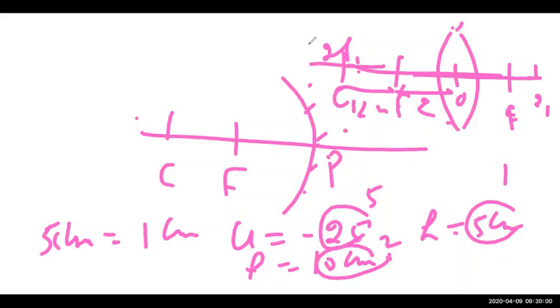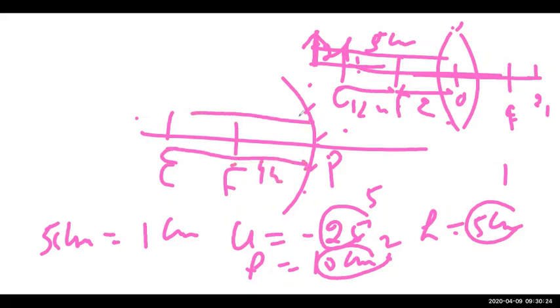That means where is the object kept? Beyond C. And it is 5 centimeter. Okay, choose from your scale 5 centimeter. And then the size also will be 1 centimeter. If you want to draw in your concave mirror, then you will keep it beyond, because this will be 4 centimeter. Up to this will be 2 centimeter.